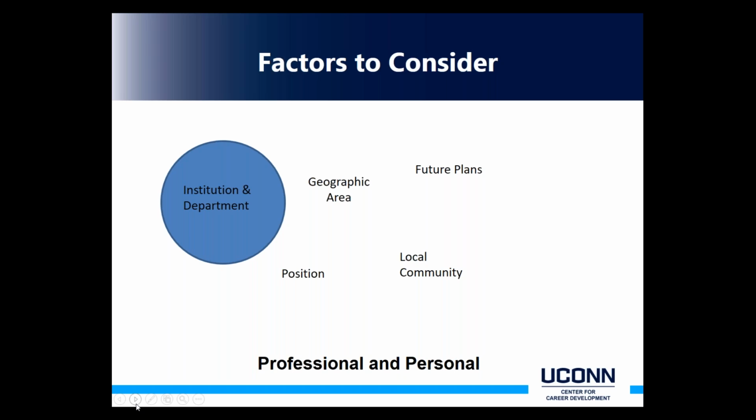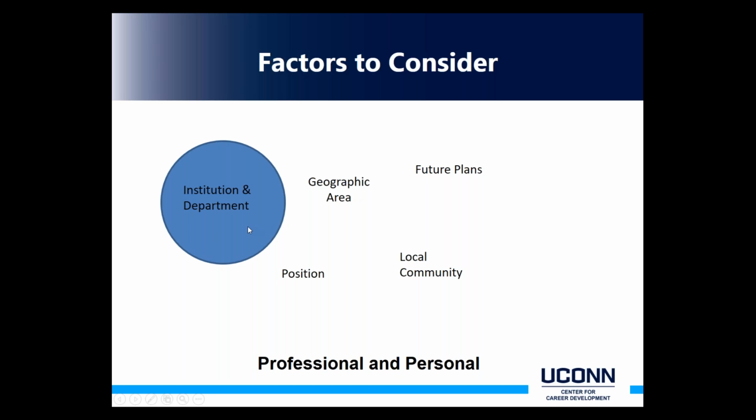All right, so the first factor, I call them fit factors, is the institution and the department. And it's thinking about the kind of institution and department in which you want to work. So maybe you're going to focus your search on R1 institutions or maybe teaching intensive institutions.